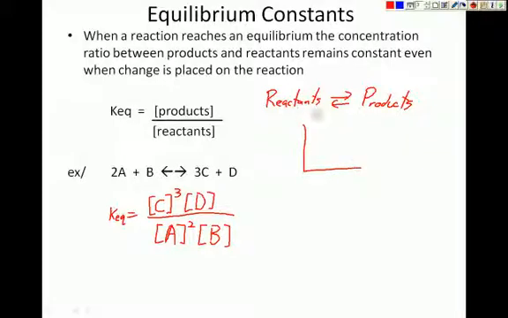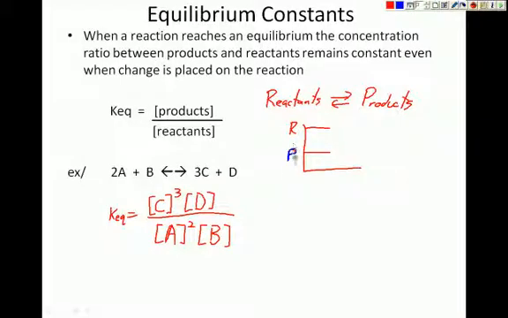So here is our reactants and here is our products. And from this, if we take this products number and divide this concentration by the reactants number, we'll get some value.